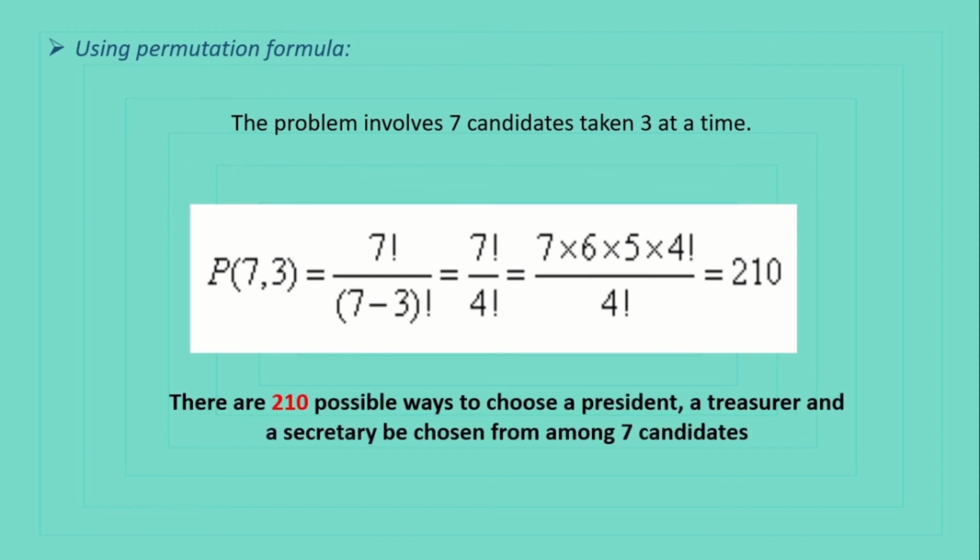So, there are 210 possible ways to choose a president, a treasurer, and a secretary from among 7 candidates.